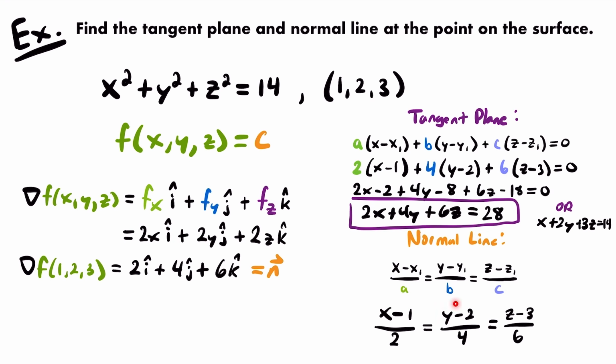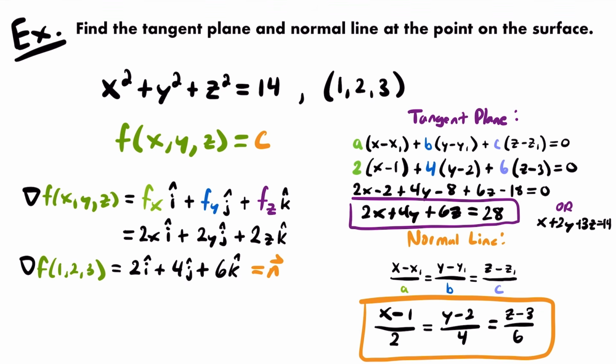Okay, again, a, b, and c are just based on the x, y, and z components of that normal vector. And so this right here is the symmetric equation of the normal line to this point on the surface, just like this is the equation of the tangent plane at this point on the surface.